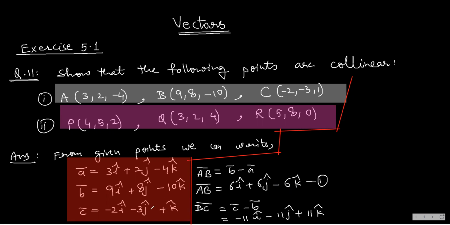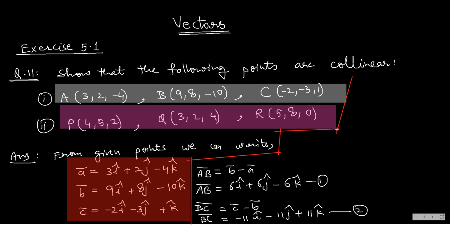How plus? Because C bar minus B bar, so this minus this will become positive. And here I have BC bar, which is 2.